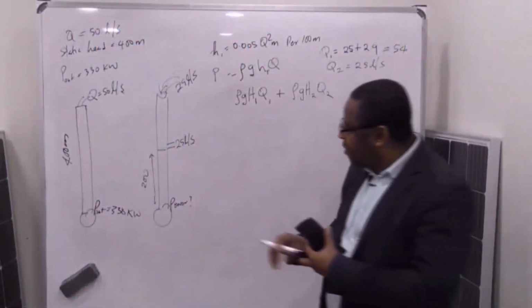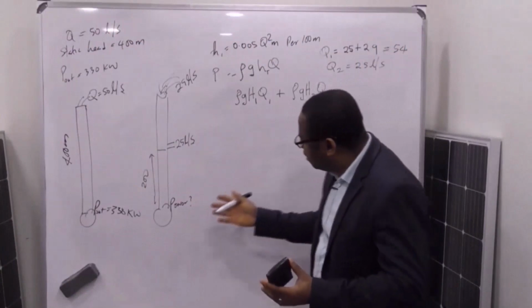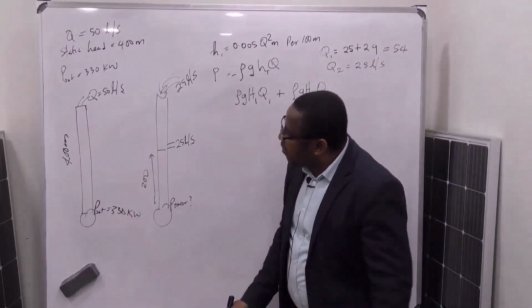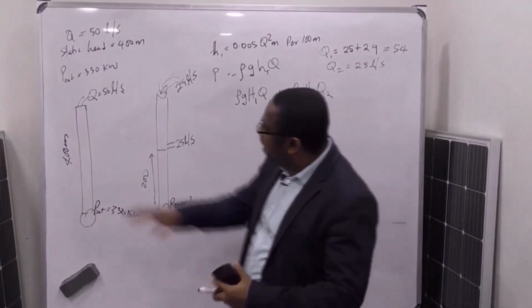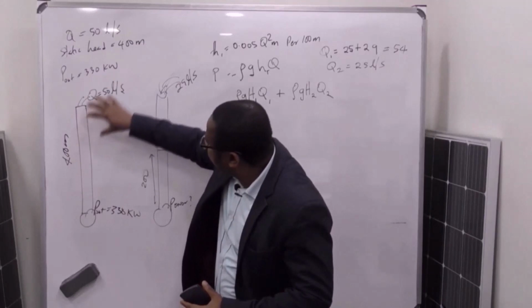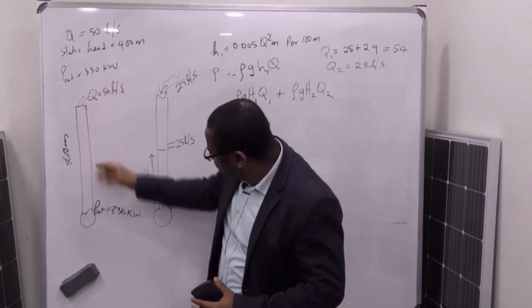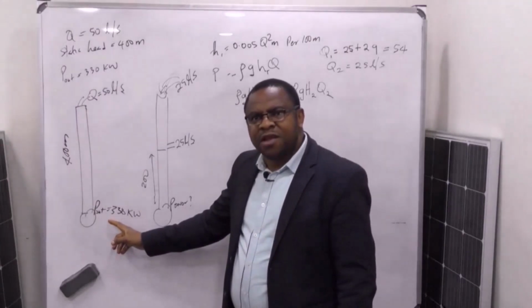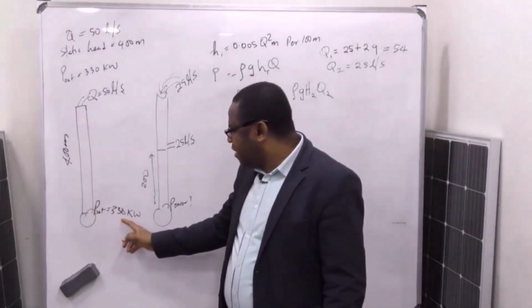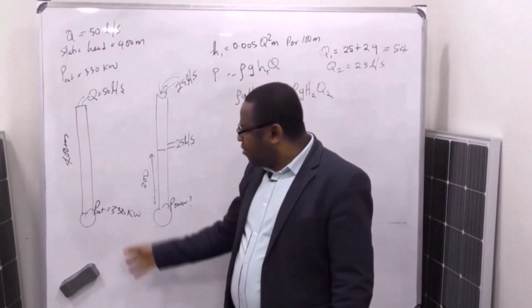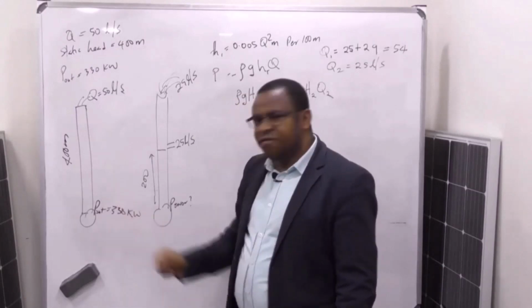So you see here, they said the efficiency remains constant. I can even use this to check, because this thing needs 330 kilowatt. So I need to use this to get the efficiency of this pump.